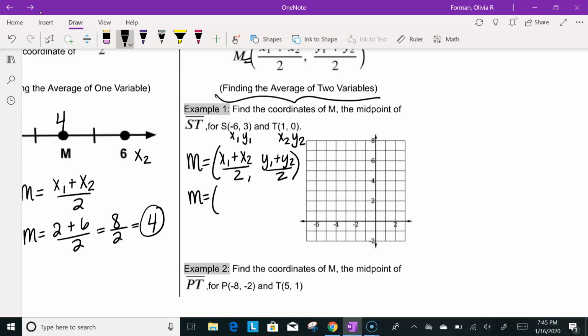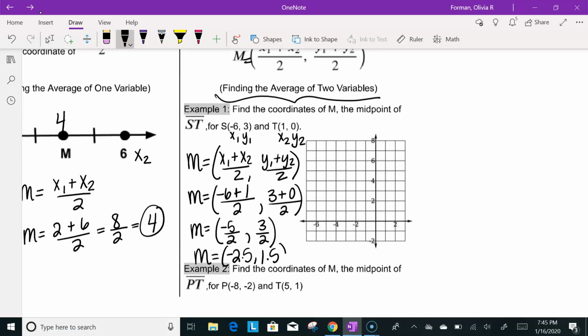My x1 is negative 6, my x2 is 1, my y1 is 3, plus my y2, which is 0, divided by 2. If I simplify this, negative 6 plus 1 gives me negative 5, so I have negative 5 divided by 2, and then 3 plus 0 is 3, 3 divided by 2. So my midpoint ends up being negative 2.5 and 1.5 if you like decimals better.